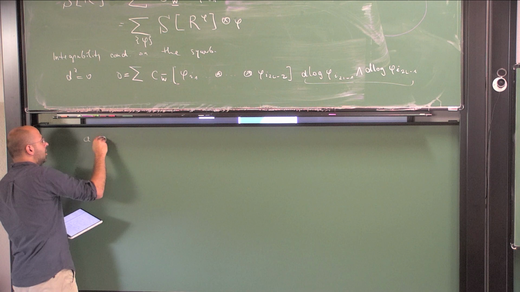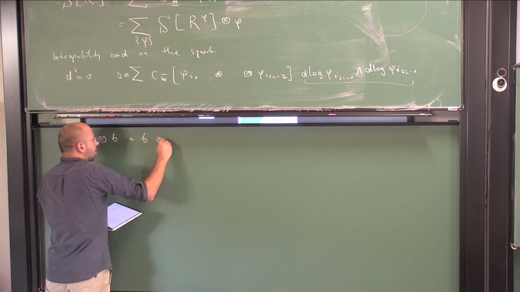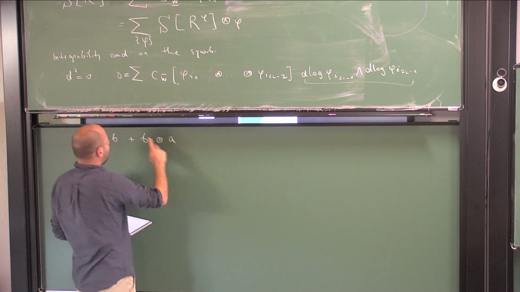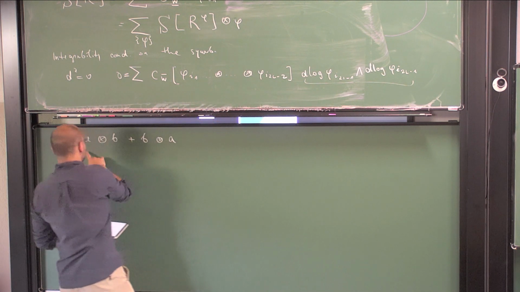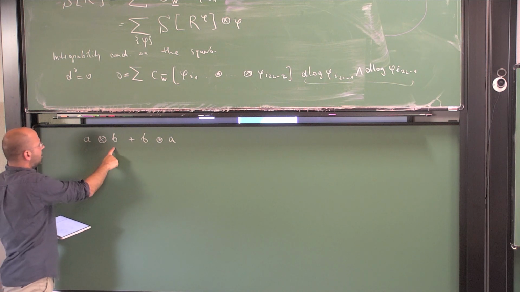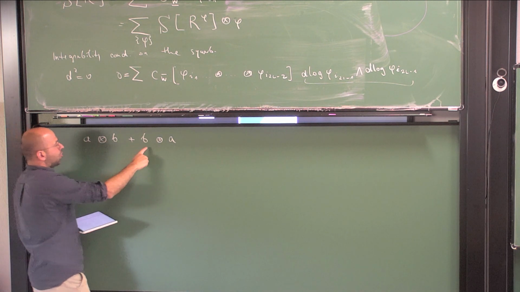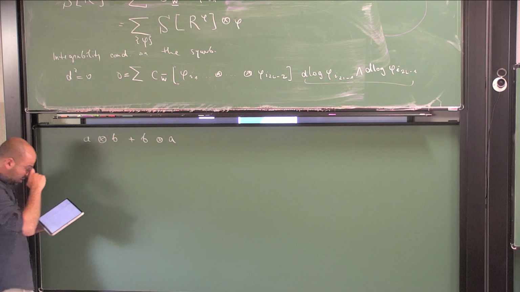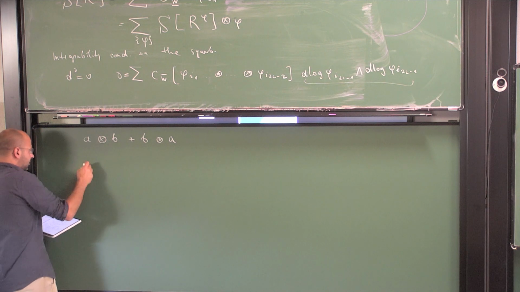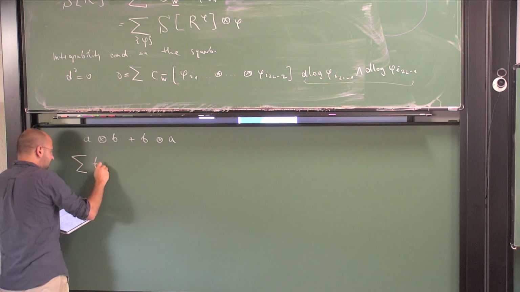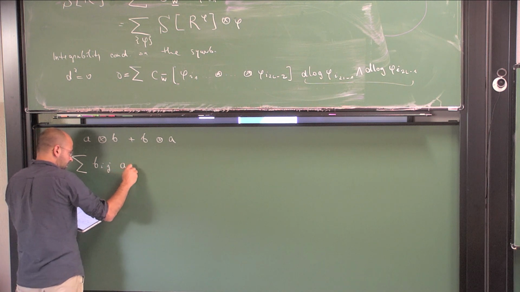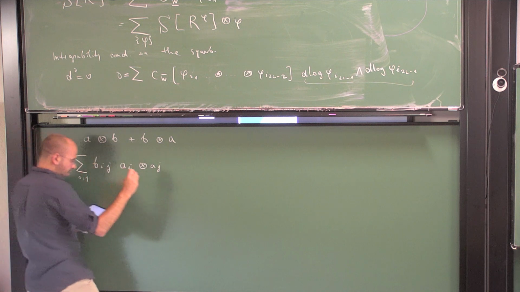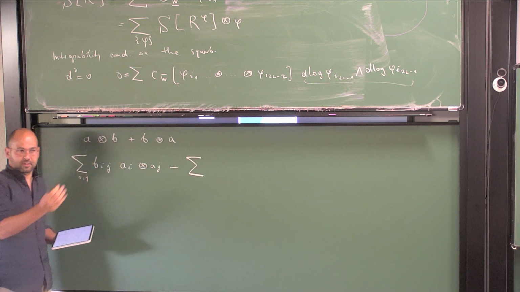If you take a symmetric combination of letters, this is obviously going to satisfy 0 equals that. If you replace this by d log a wedge d log b plus d log b wedge d log a, those are obvious conditions. Or if you have a cluster algebra, take a cluster, take a seed, and construct this combination for i, j, and then compare this with a different cluster.